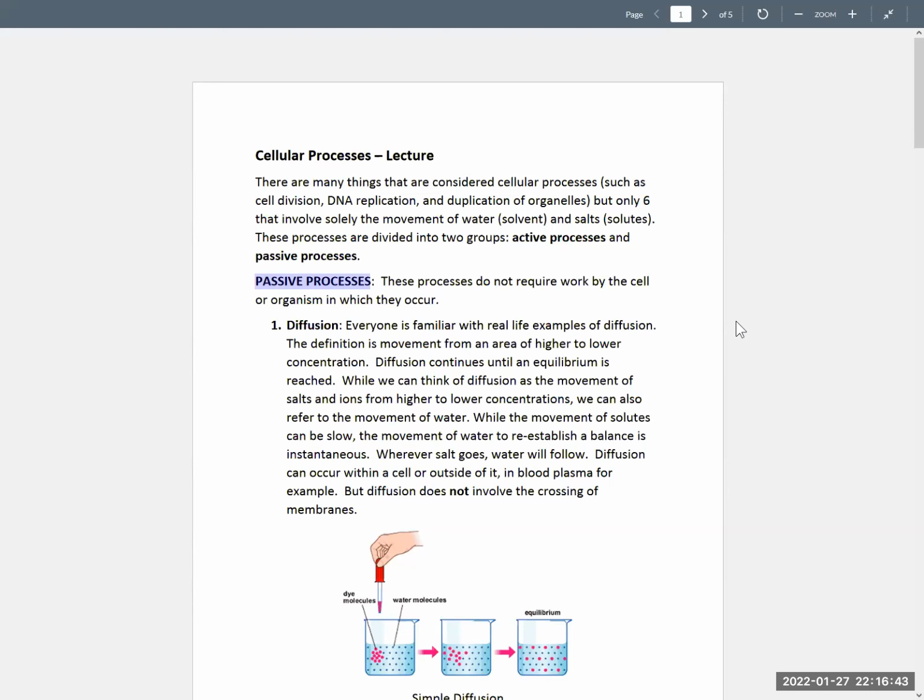A passive process is one that does not require work by the cell or the organism in which these processes occur. Well, I think you and I, in our experience, find that nothing goes on for free. There's always some energy expended somewhere, okay? And that energy we call work.